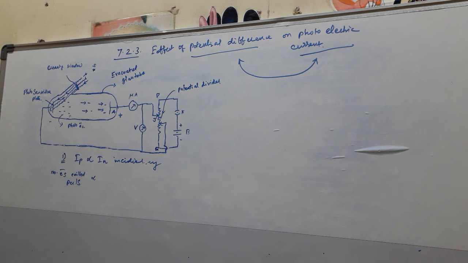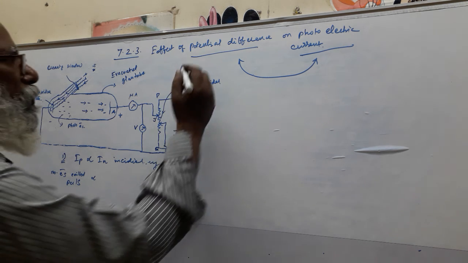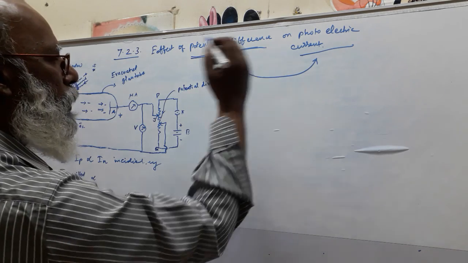Now, as the potential difference is increased, the photoelectric current also increases. We already studied this concept many times, in many experiments. Now we are giving more importance to the potential difference.